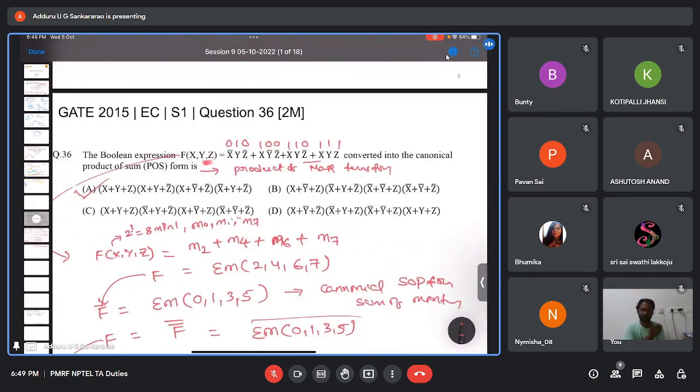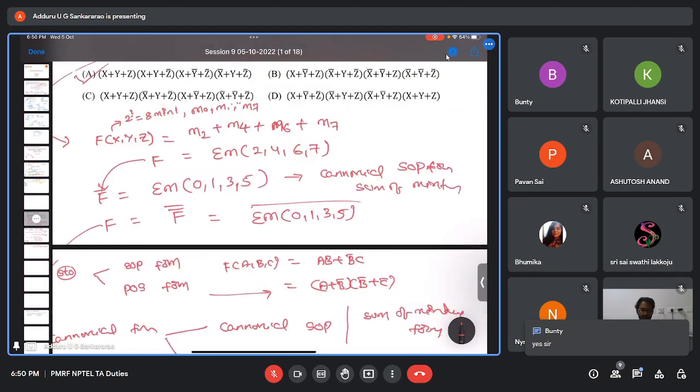Now, is that okay? So to solve this kind of problem, first it is given in the sum of minterm form.